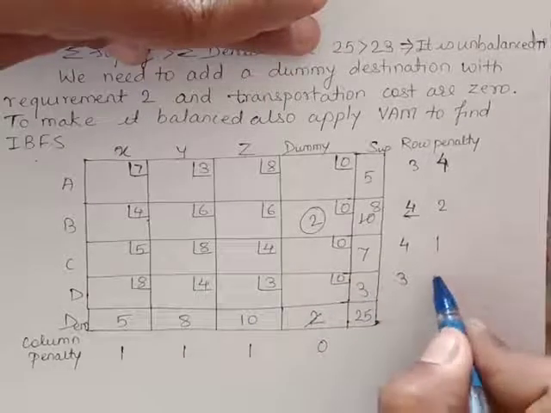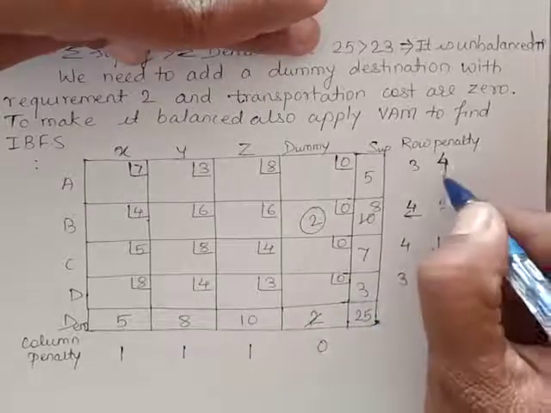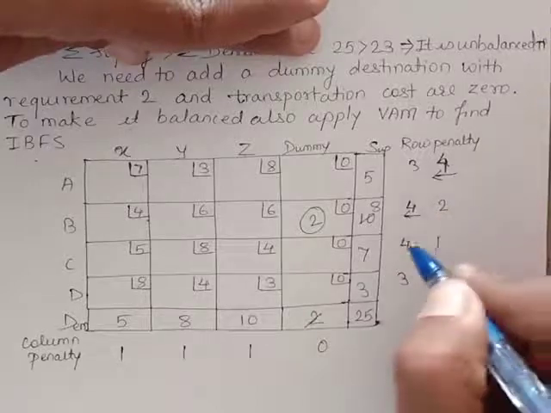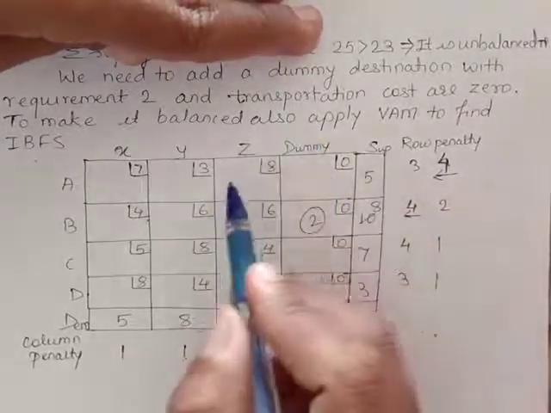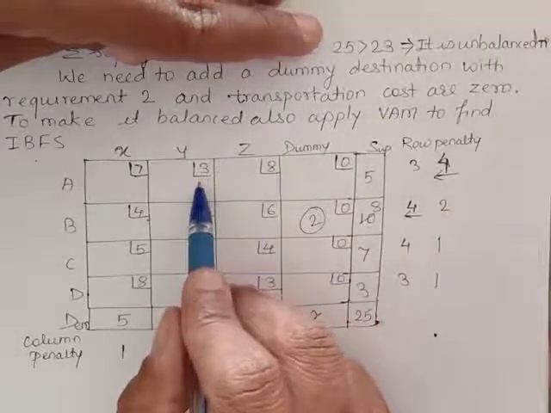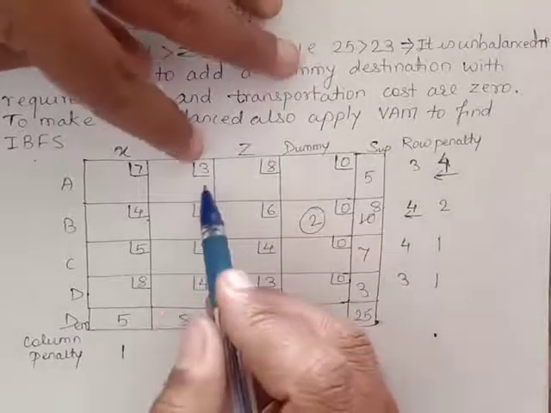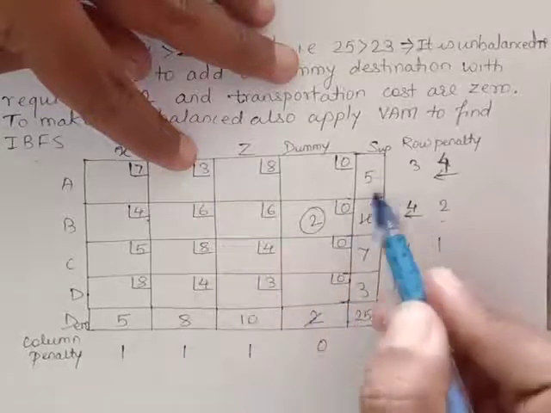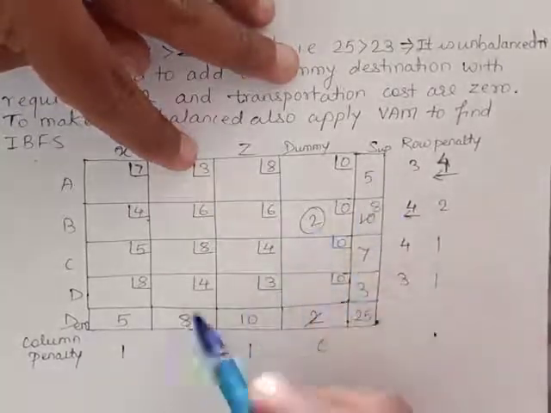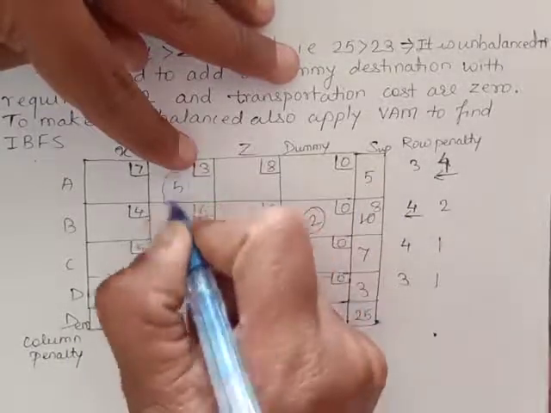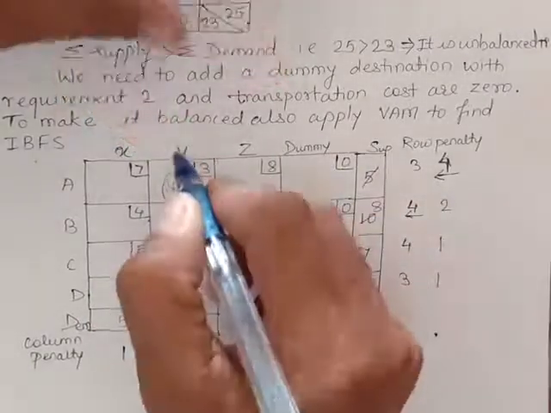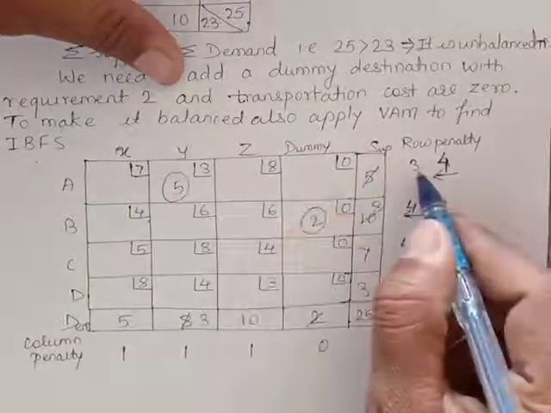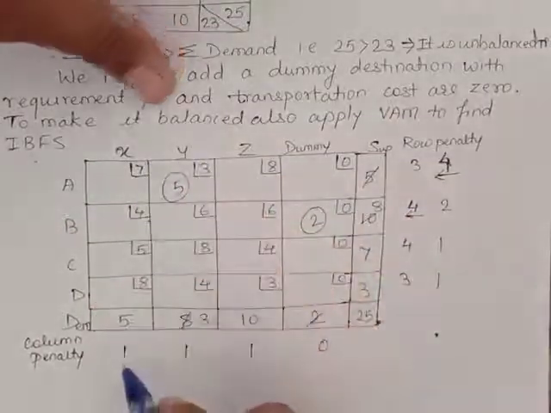Here it will be 1. So the maximum penalty is again 4. So with minimum cost, now this column is satisfied. So here the minimum cost is 3 in this row. So our allocation will be minimum of this 5 and 8, so it will be 5 here. So this is satisfied. Here 3 are left.